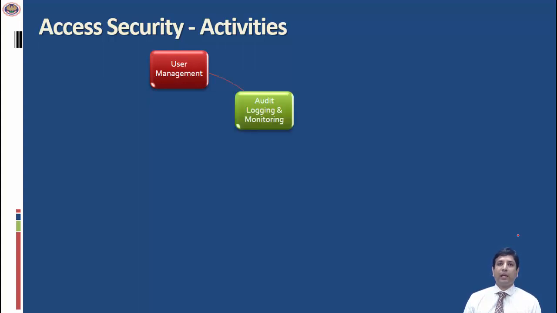Another key activity within access security is audit logging and monitoring. This is basically implementing audit trails to ensure that any activity is tracked and monitored. One of the most common examples of activities within access security is the password configurations.